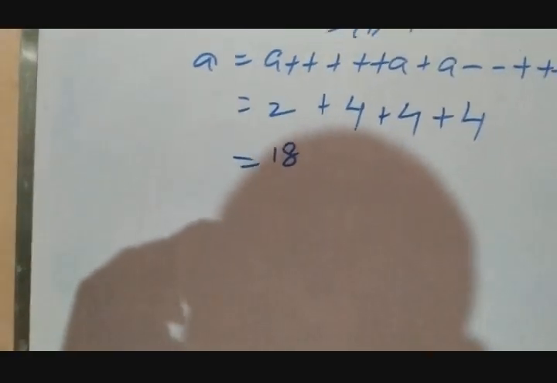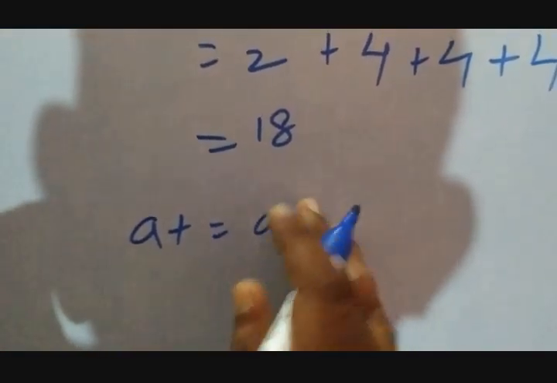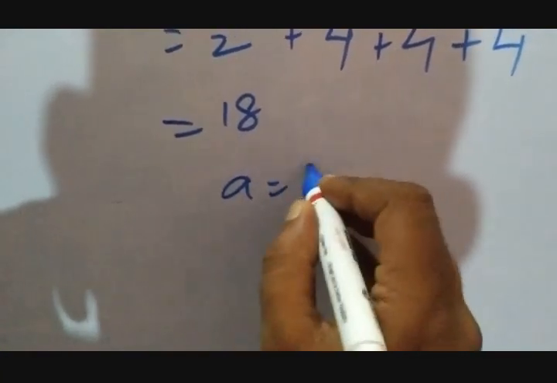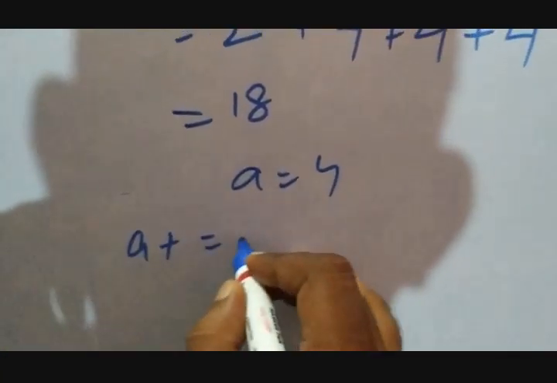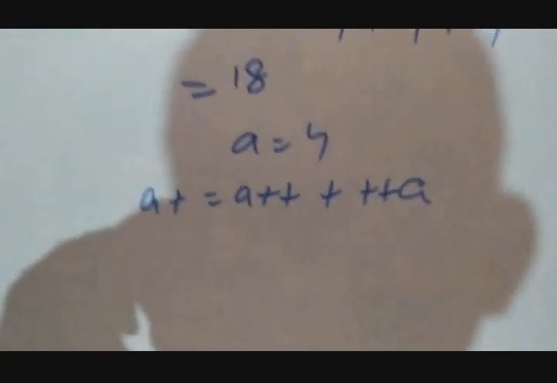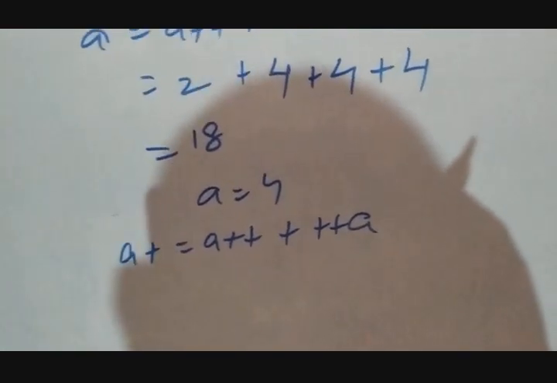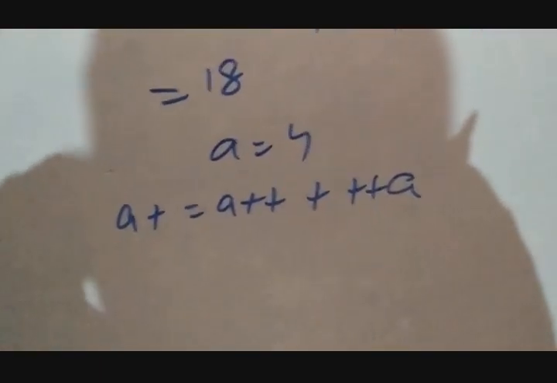Are you getting it? Now suppose a += where the value of a is 4 here. Now a += a++ + ++a. Now this is a compound assignment operator. If this is given, what you have to do?